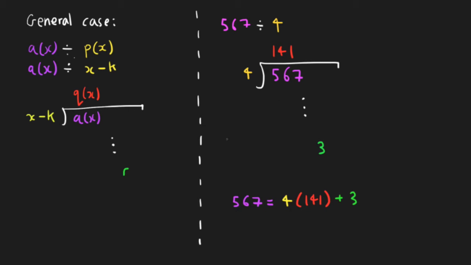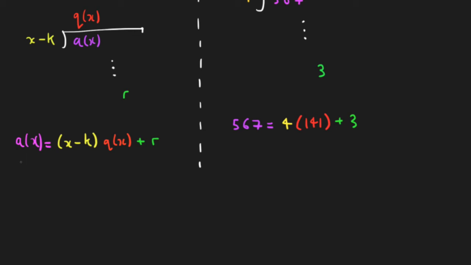Now the same thing applies to polynomials. So a of x is the same thing as x minus k times q of x, whatever q of x is. We don't know what it is, but it's just going to be some polynomial, plus the remainder r. What happens when we sub in k, when we take a of k?